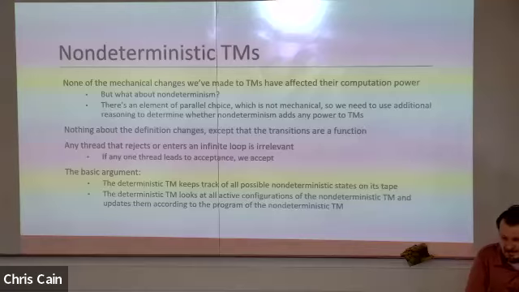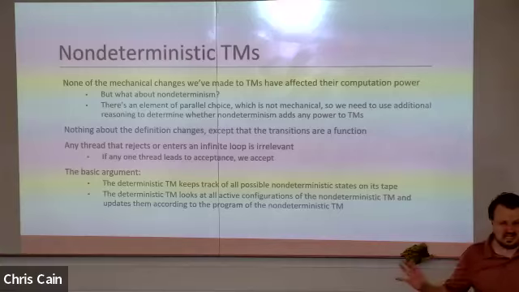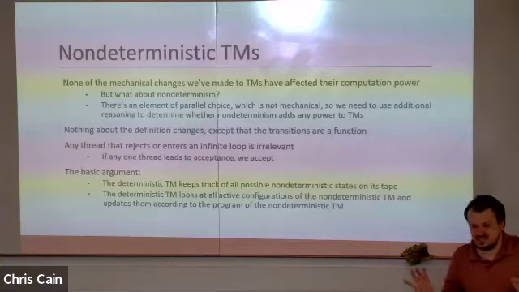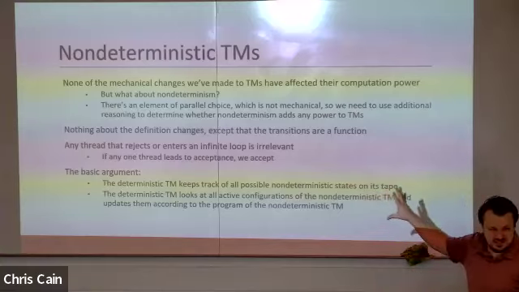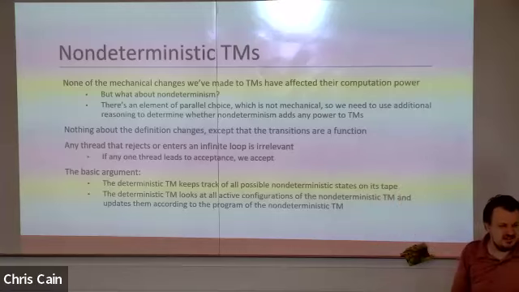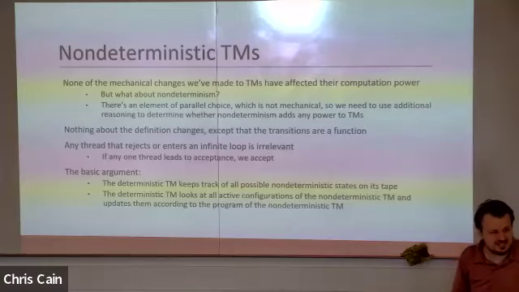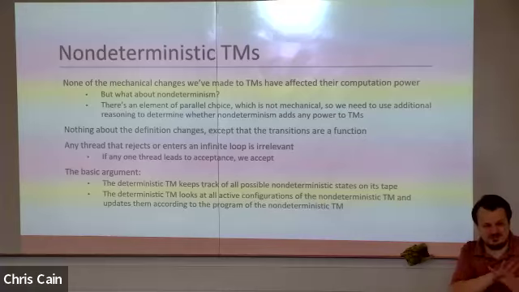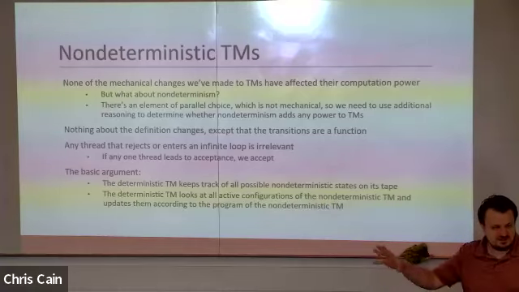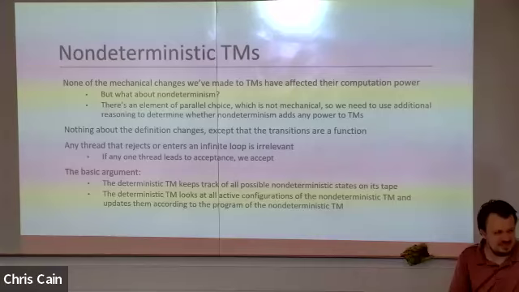So maybe we're deep into a computation and there are 80 active threads running. That means on the deterministic Turing machine's tape, there are 80 representations of states. So now we have to go through an update for the 81st transition. We have a lot of different places to update. So it's a big process, but it's very similar to some kind of non-deterministic search.